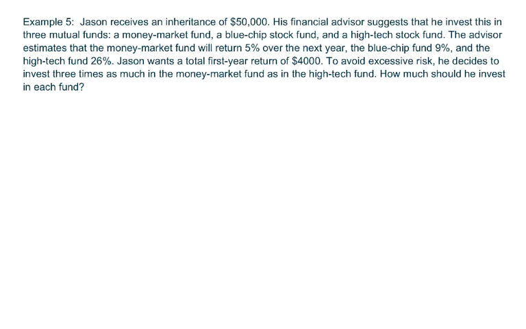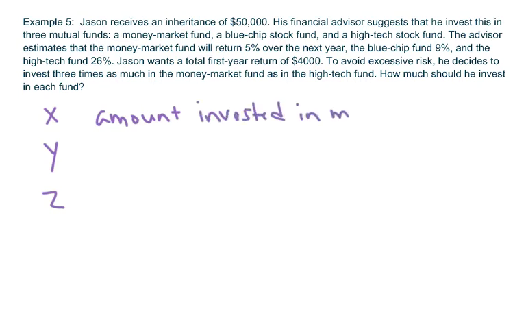So let's define our variables. In the last section, we defined all of our variables as x and y. So in this section, we'll call all of our variables x, y, and z. So x can be the amount invested in the money market, because that was the first one listed.